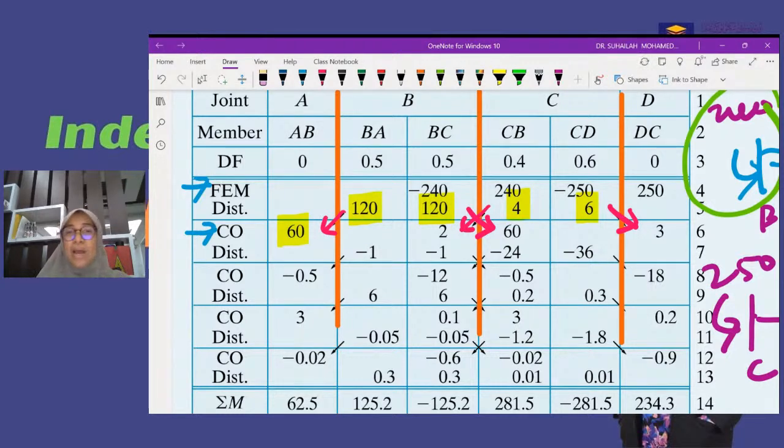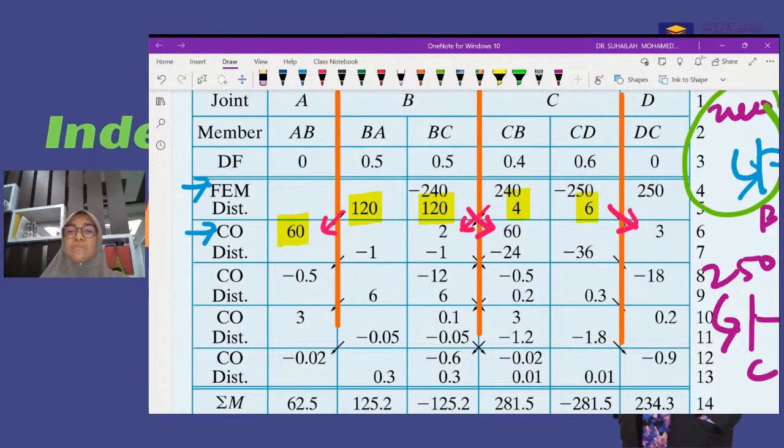So after we multiply with the factor, 2 times 0.5, we get -1, and -60 times 0.4 we get -24, and -60 times 0.6 we get -36.